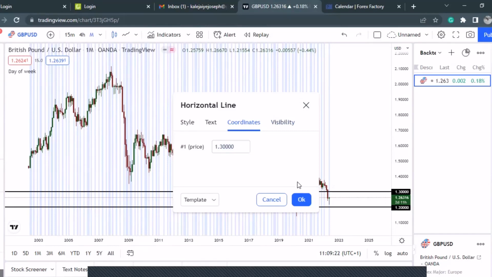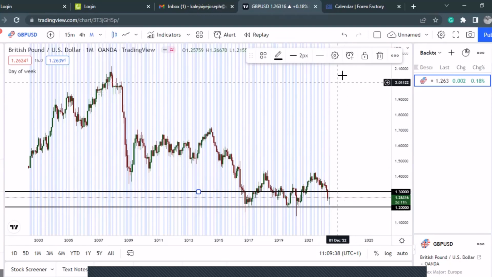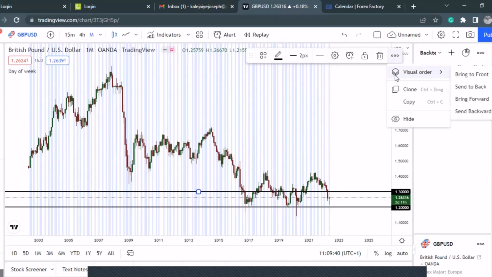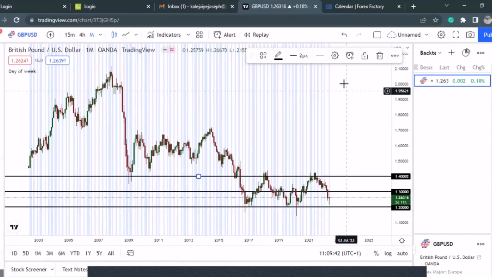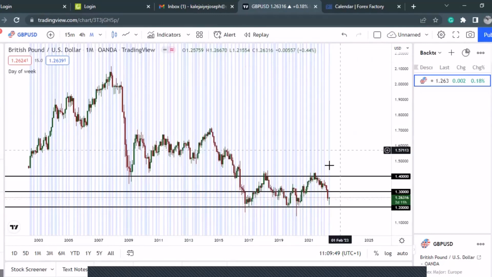Take that out. Good. We've gotten a 1,000 pip range with that. Let's add one more range to it. Good. So we can say we're using this as our middle, 1,000 pips up, 1,000 pips down.